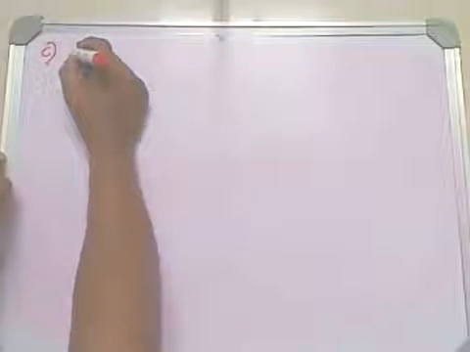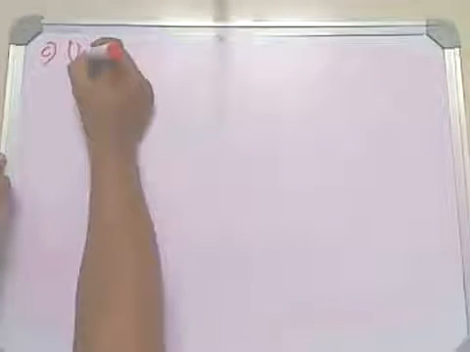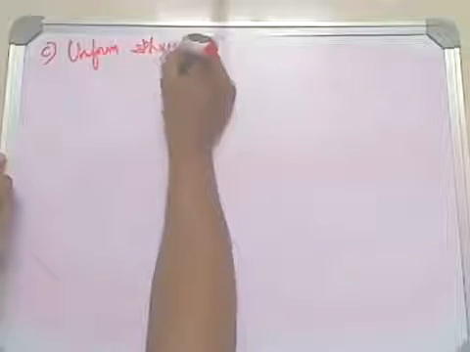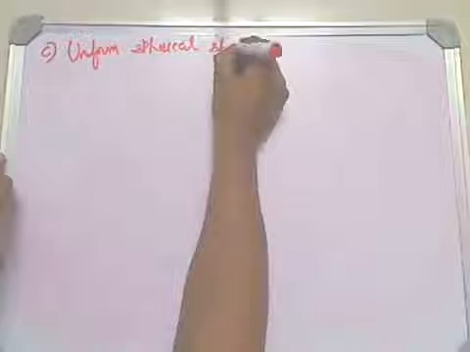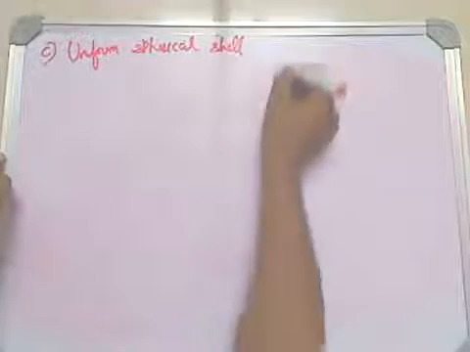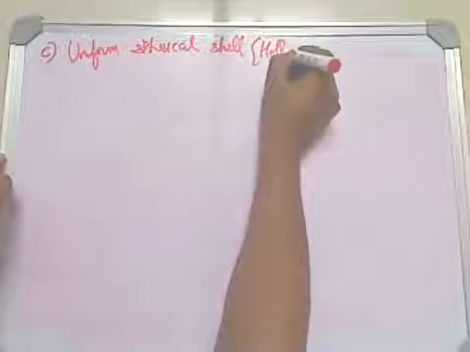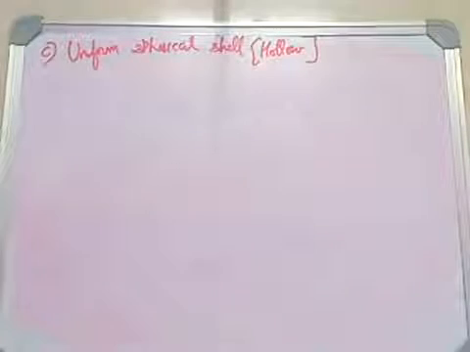Now, Gauss law being applied to a uniform spherical shell. They say shell here because it is hollow. Okay, it's a spherical shell and therefore it is hollow.